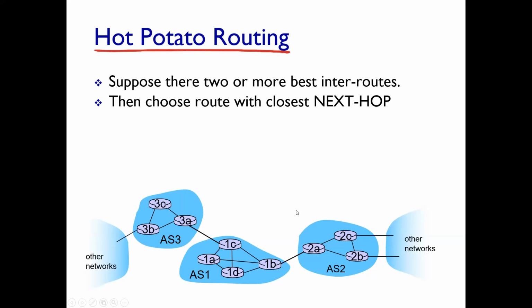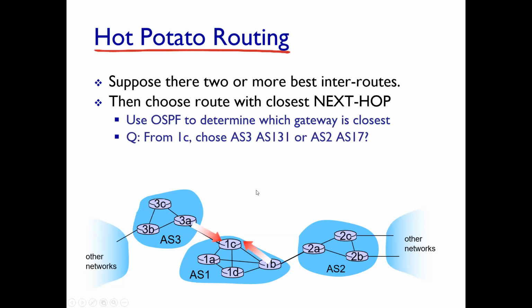Suppose there are two or more routes which result in a tie, then you could choose the closest next hop router. So OSPF is used to determine which gateway is the closest to you. And for example, आप यहाँ बैठे हैं, एक जो the route है वो आपको AS3 के through लेके जा रहा है and you're directly connected there. दूसरा जो है आपको AS2 के through लेके जा रहा है and उसके लिए you have to get through 1B.